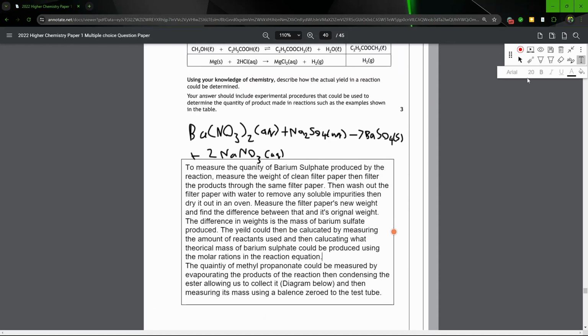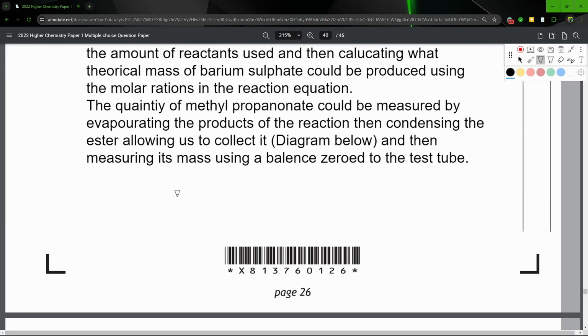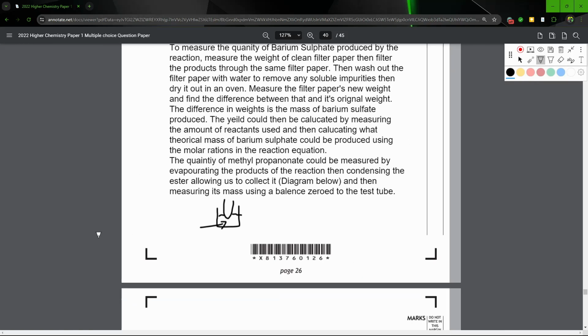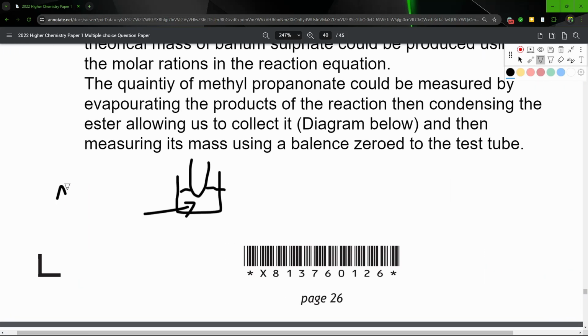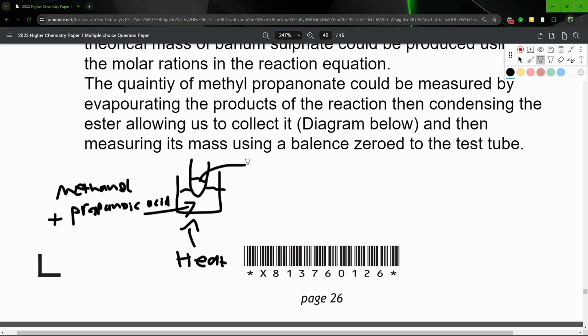But essentially the diagram would be using a really bad condenser. So you'd have your reactants in a sort of water bath here. You'd have methanol, and you would have a propanoic acid, and then we're going to have heat at the bottom, and then we're going to have cold water here.